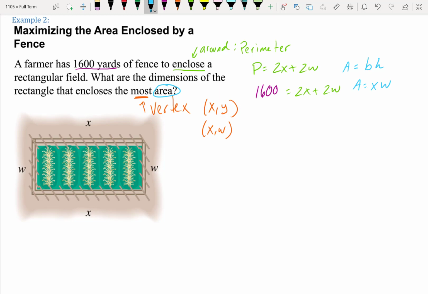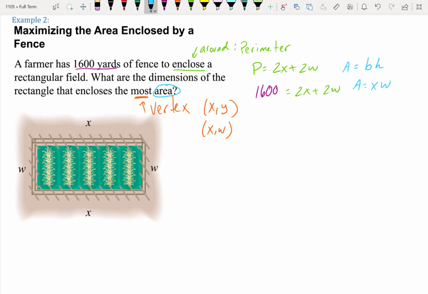So with just information we already know about rectangles, we were able to come up with two formulas. Now, anytime we have two formulas, we're usually going to substitute one into the other. But since it's asking us to find the vertex of this area, which means the most of something, the highest it could ever be, we need to get a quadratic out of this.